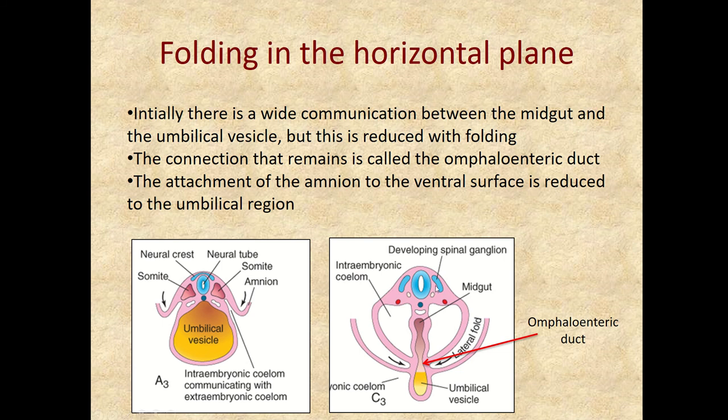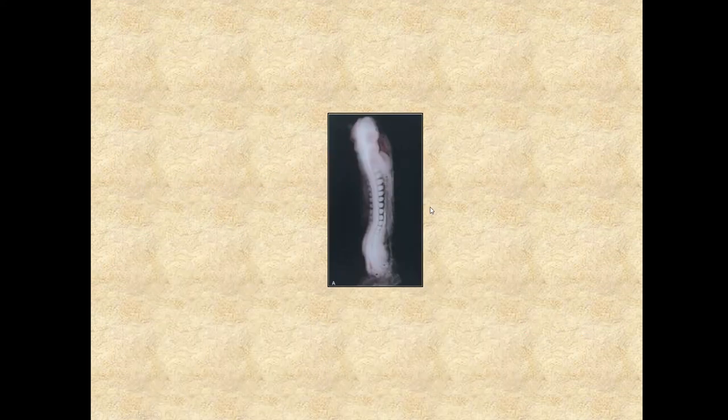And so because you actually have the amnion attached all the way around now, you can have an amniotic sac that the embryo is floating in and developing in. And before, it was just sticking out on the dorsal side. So this is how that occurs through this horizontal folding of the embryo.